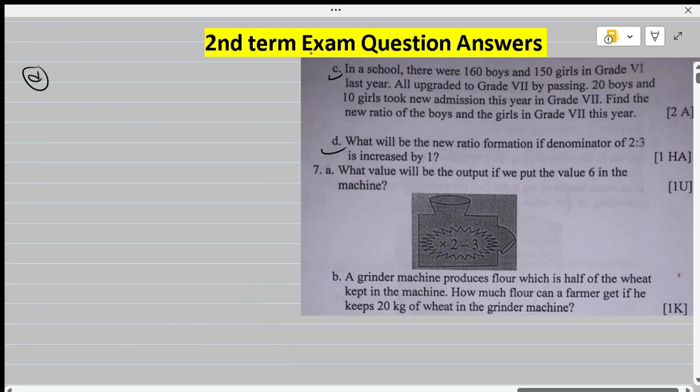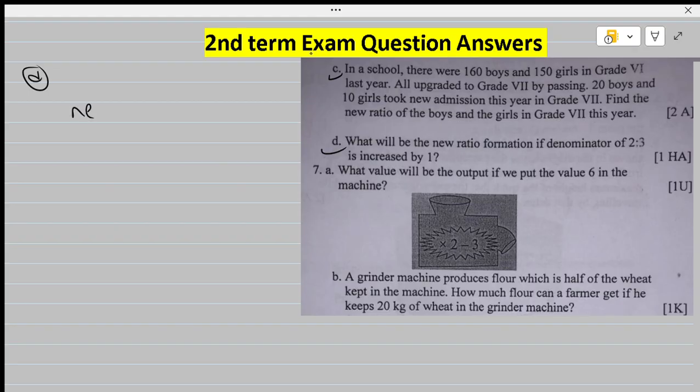In number D, it says: what will be the new ratio if the denominator of 2 to 3 is increased by 1? So the denominator is increased by 1, so we find the new denominator. Sorry, the original denominator is not 2, the denominator is 3. It is increased by 1, so the new denominator is 4.